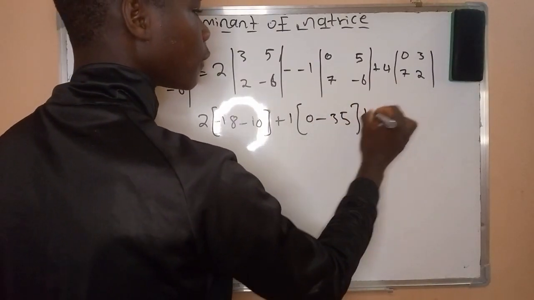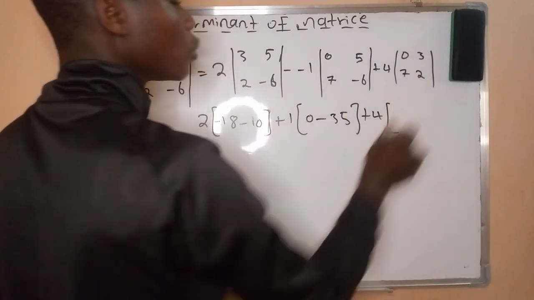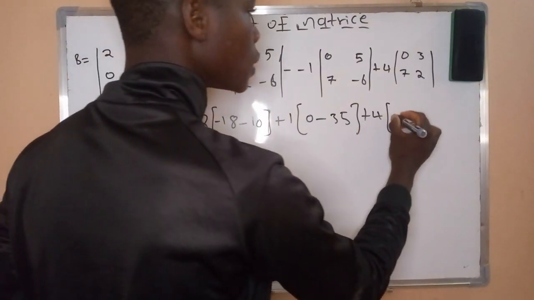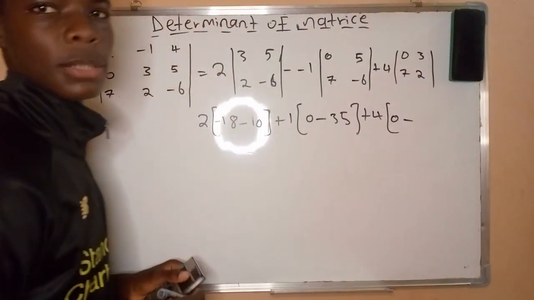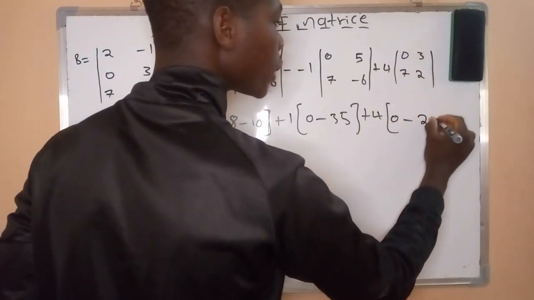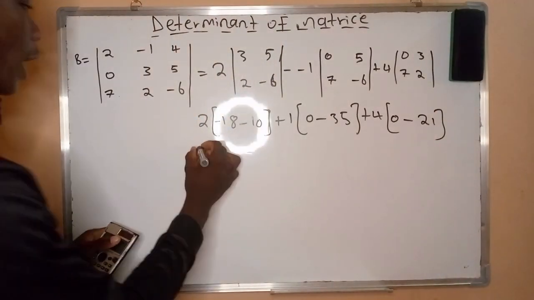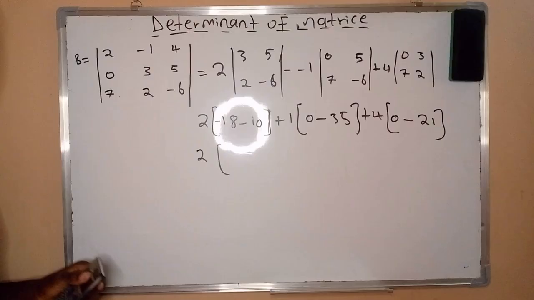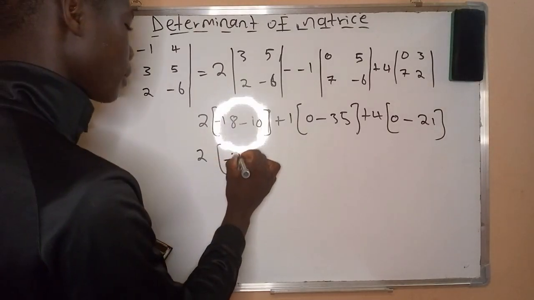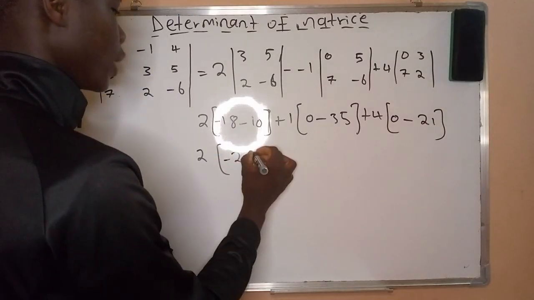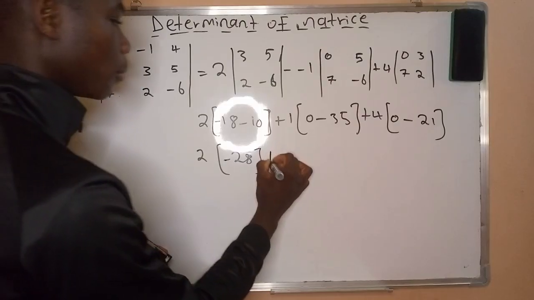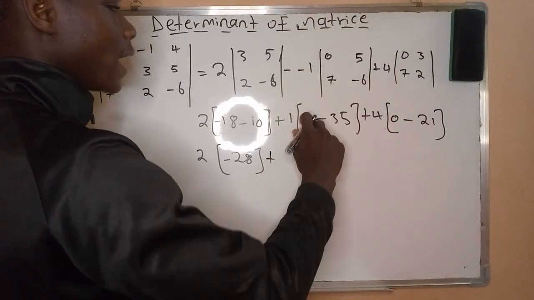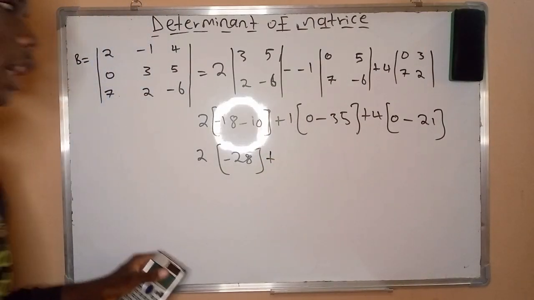So therefore, bracket plus 4 into 0 multiplied by 2, which is 0 minus 7 multiplied by 3, which is 21. So therefore, I have to say that 2 minus 18 minus 10, I will have minus 28. Minus 28. And therefore, plus 0 minus 35, I will end up having minus 35.